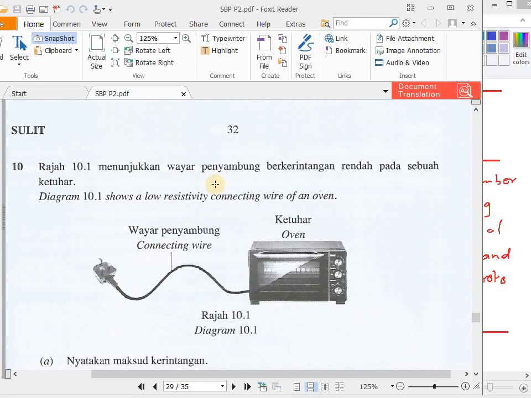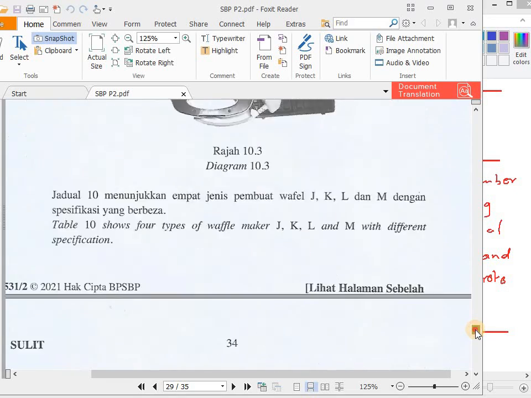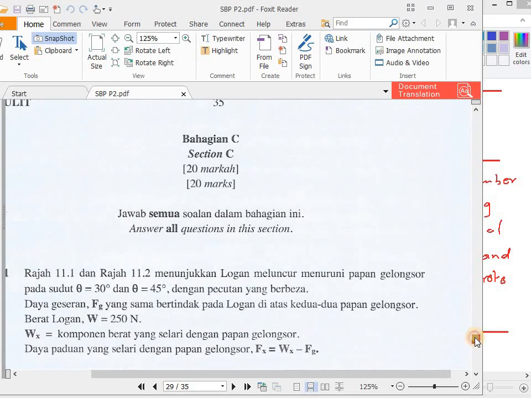Okay, this next question. I want to go to section C first. Because we don't have a lot of time, so we go to section C first.